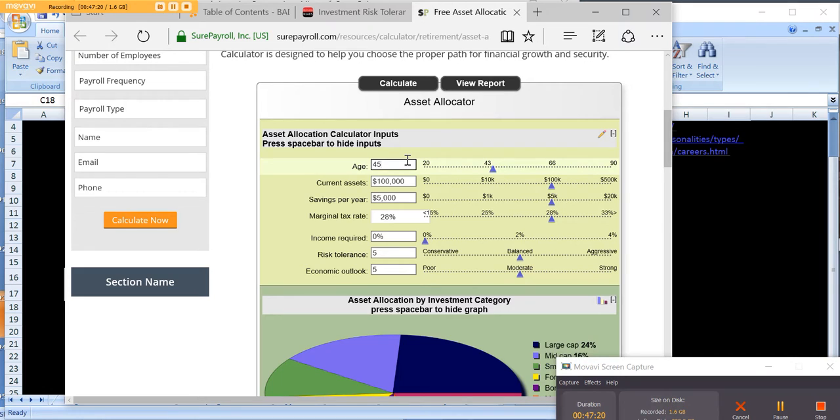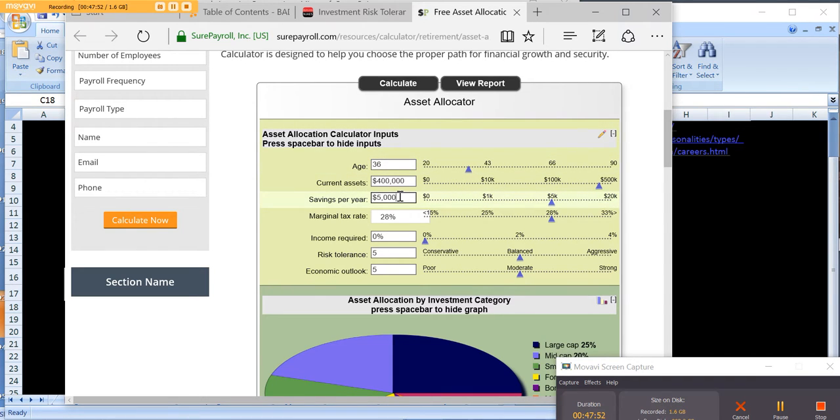The first thing I need to enter up here is my age. The next thing I need to put in here is my current assets. This is where you mentally enter a rough idea of what you think your total assets or your total cash assets are.